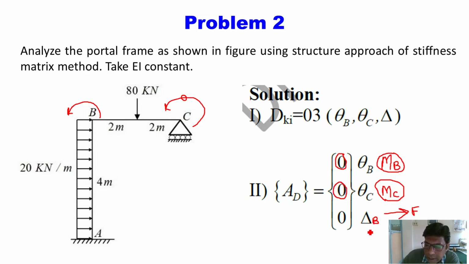And last, third unknown is delta B. Corresponding action is horizontal force at point B. Is there any horizontal force at point B? No, there is no horizontal force at point B. So third element is also equal to 0. So all three elements are equal to 0 in AD matrix because there is no action given in the original structure corresponding to unknown displacements.